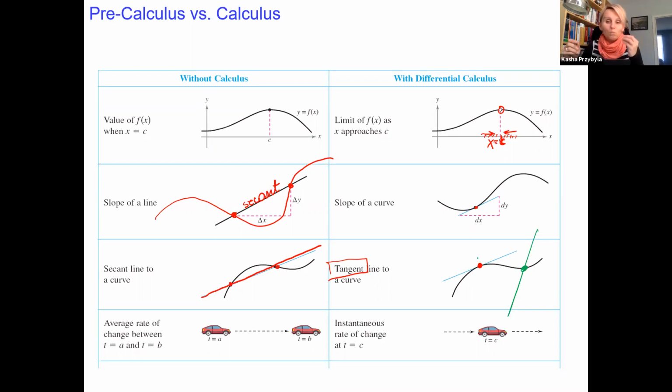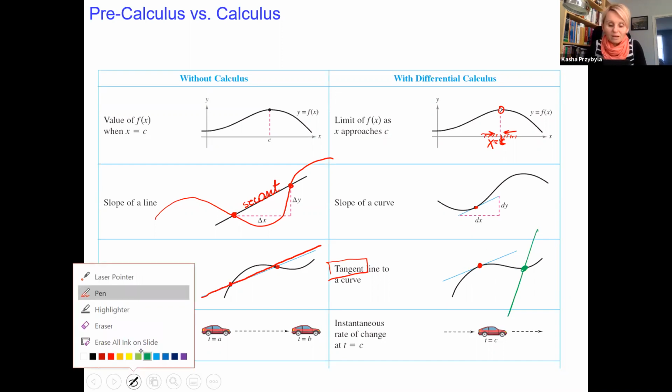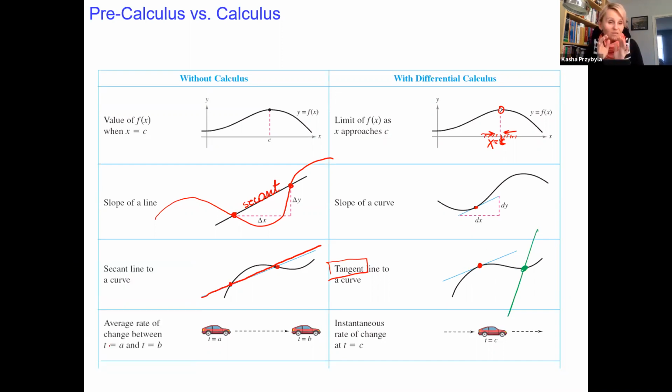More precisely, mathematically, touching means that if I zoom in, if I go extremely close to the point where the line is touching the curve, we can't distinguish the difference between the tangent line and the curve. Let's look at this circle.